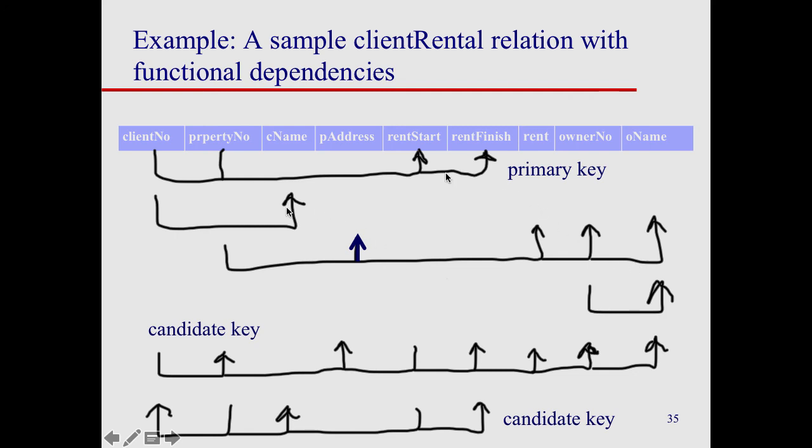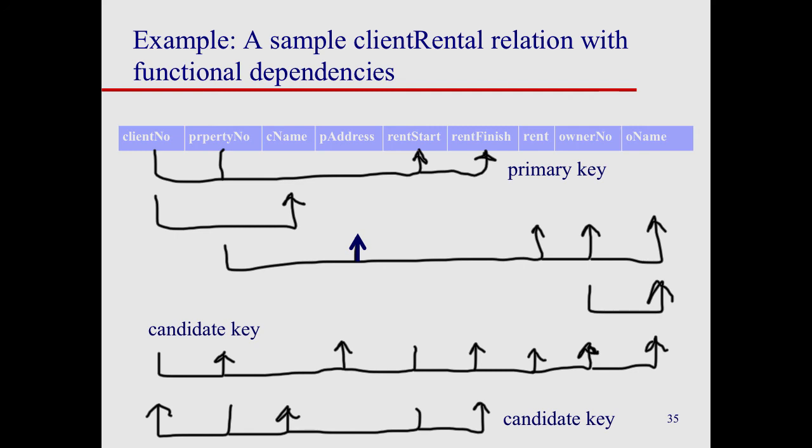Client number is a subset of the primary key, and similarly property number is a subset of the primary key, and therefore we're going to remove those two dependencies and put them into their own relations, which makes sense because if you think about it, client is an entity and property is an entity.